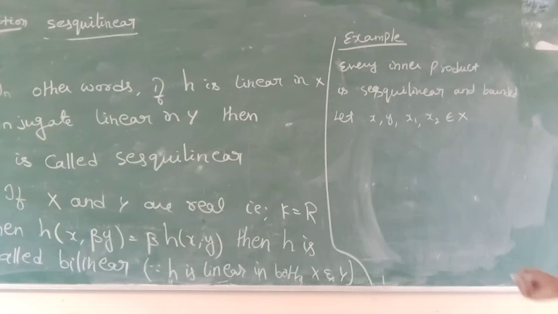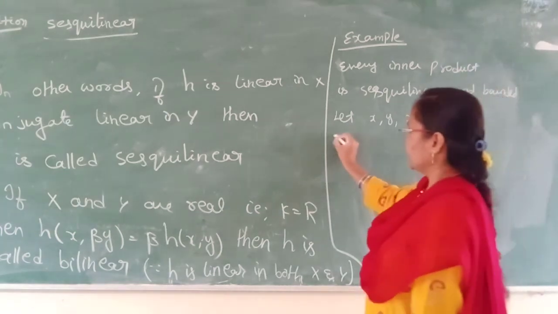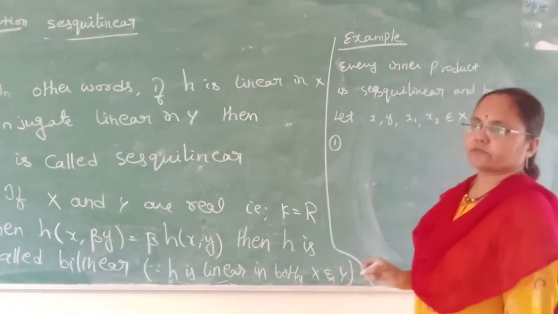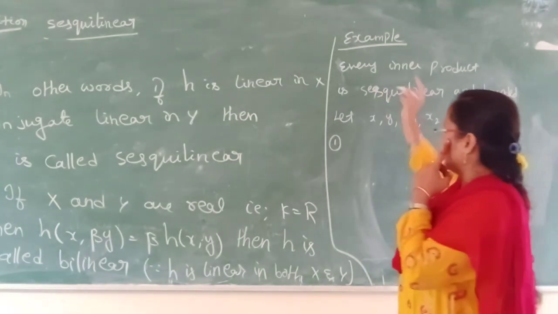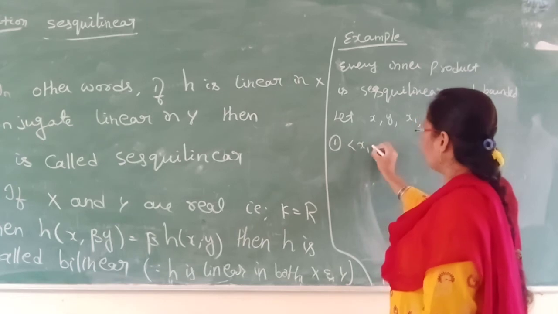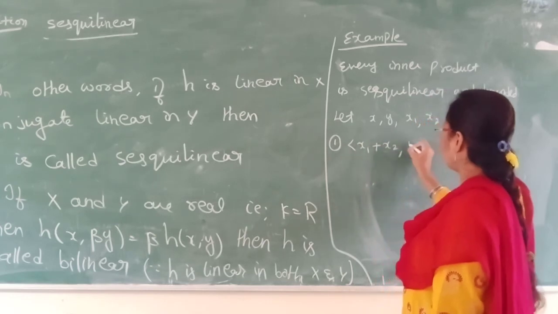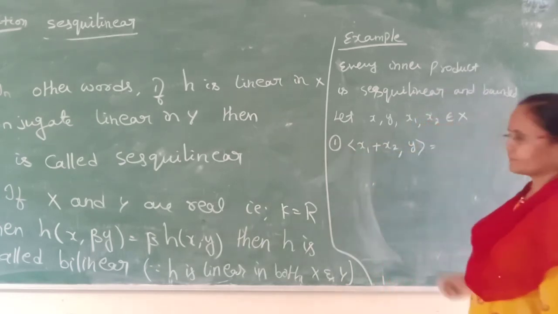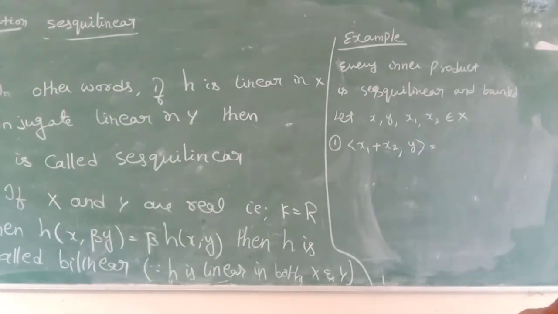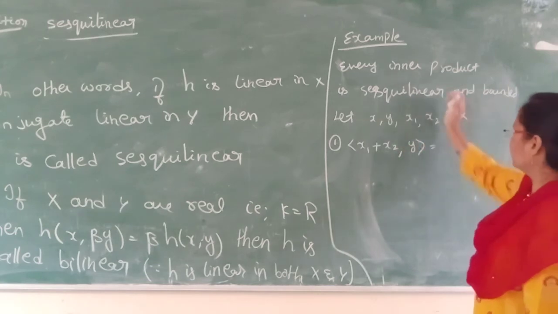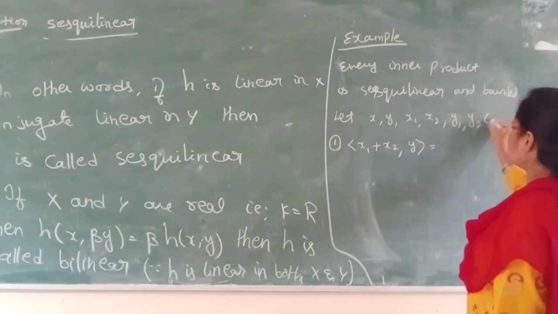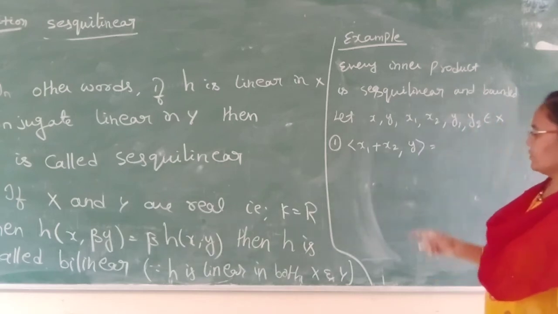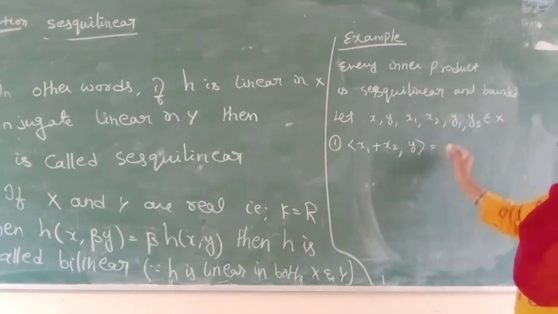For the sesquilinear, first property is h of x1 plus x2 comma y. Here instead of h we are taking inner product. So inner product of x1 plus x2 comma y. Here x, y, x1, x2, and also y1, y2, all are in X. So how to write the inner product?